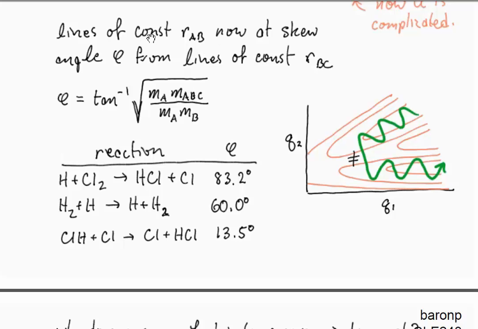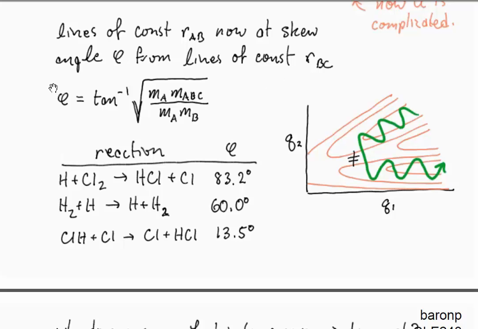When we do this diagonalization, we end up with a new set of coordinates that makes a skew angle in the R_AB and R_BC constant lines, right? Remember that R_AB constant and R_BC constant correspond roughly to the characteristic bond lengths of the products and the reactants, the diatomic molecules that are formed.